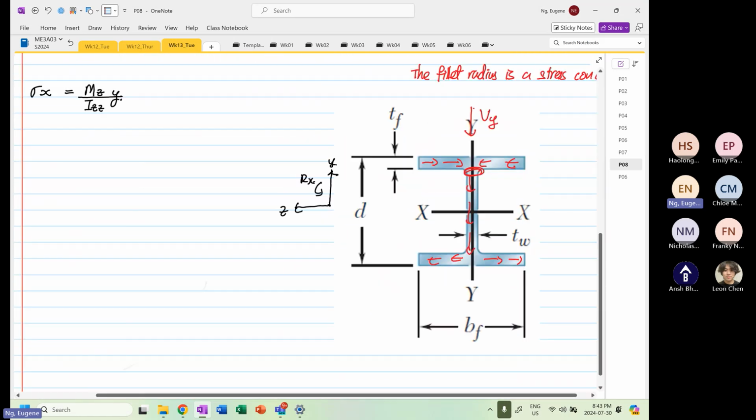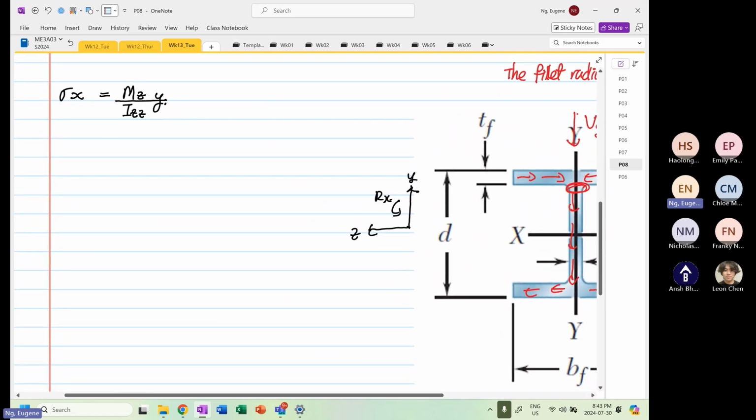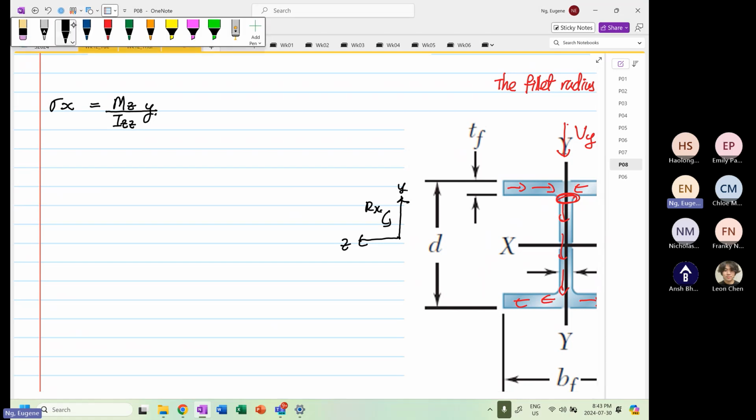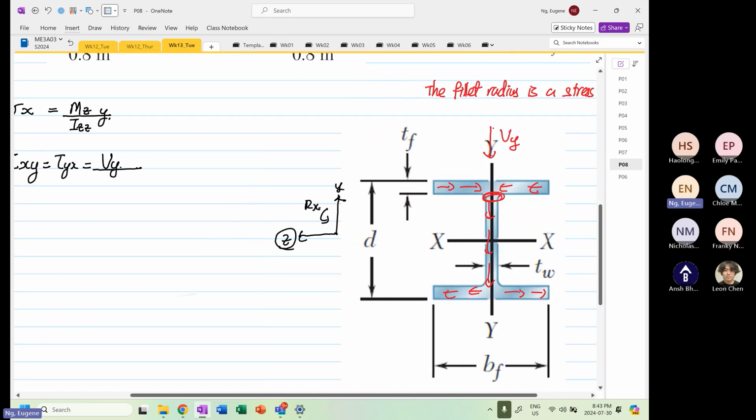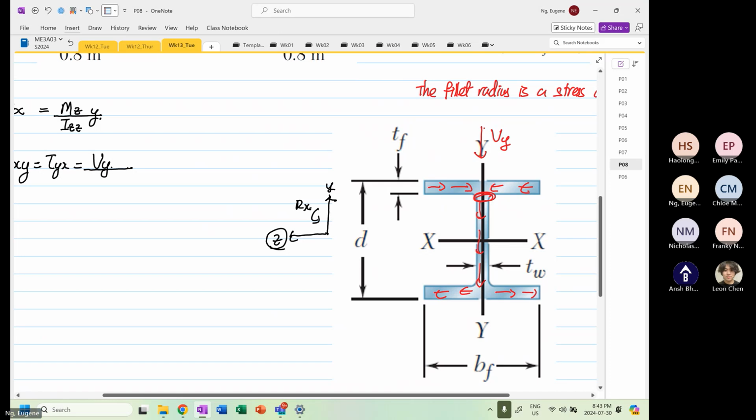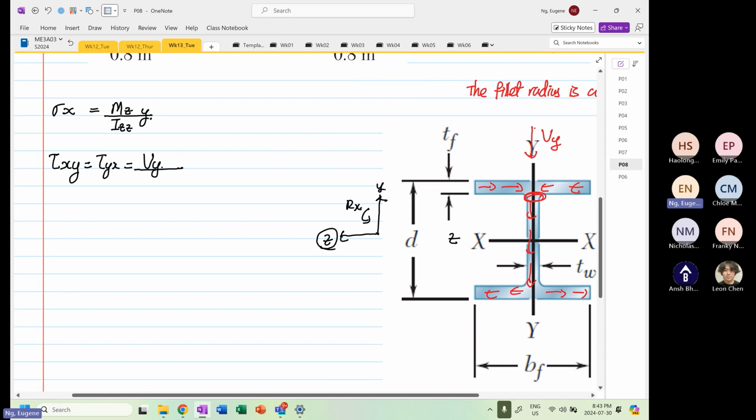The formula that we're going to use: the intersecting plane is in the X, and the shear is in the Y. This is equal to shear YX, which is Vy over Izz, because I call this the Z axis, Vy over Izz times Qz divided by t.